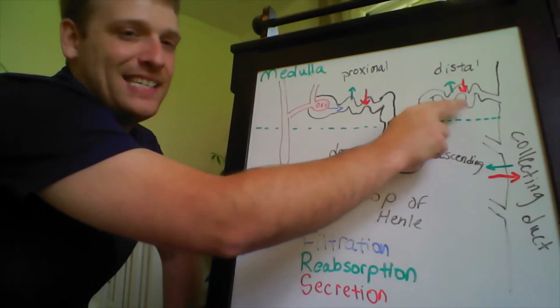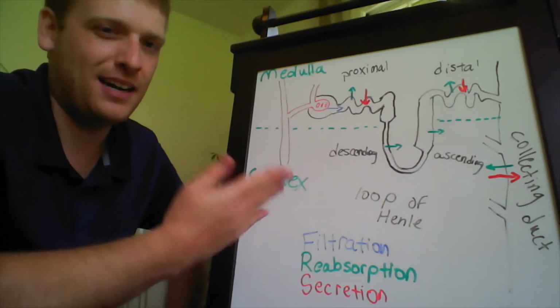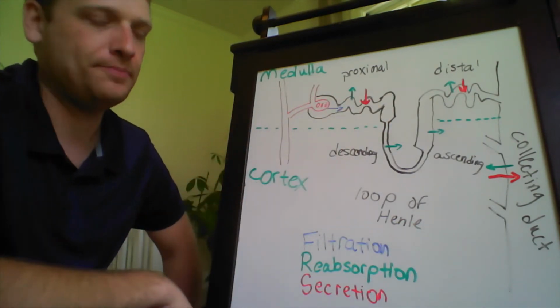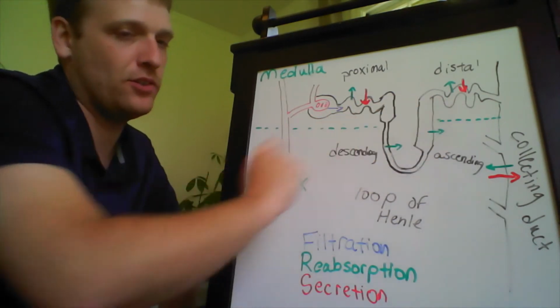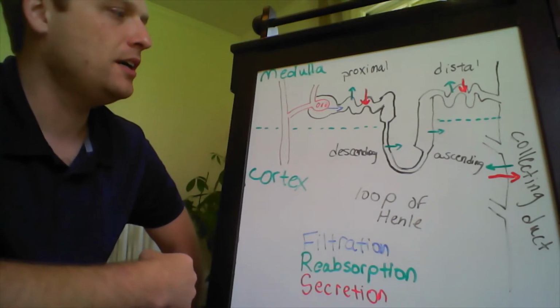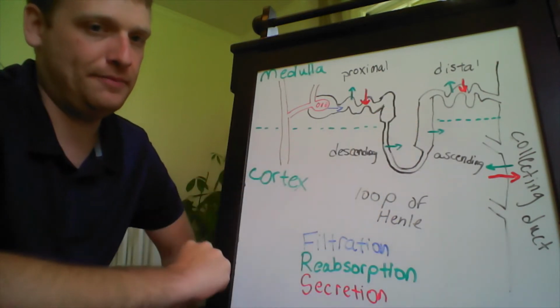There's also a distal convoluted tubule, and that term convoluted just means kind of twisty. So the convoluted tubules kind of twist around. So there's a proximal one that's close to the glomerulus, a distal convoluted tubule that's further away from the glomerulus. And then you have the loop of Henle.